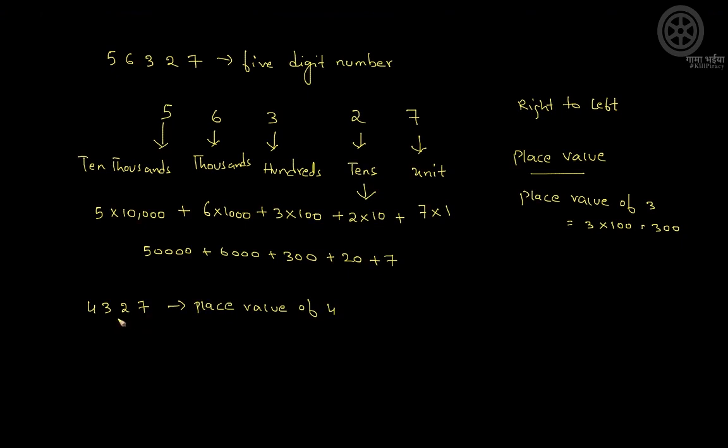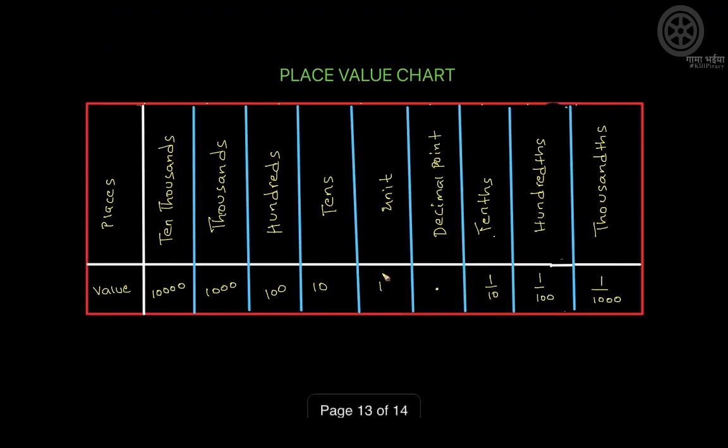Unit, tens, hundreds, thousand. So the place value of 4 is 1000. 4 into 1000, right? 4,000, right? See here. Unit, tens, hundreds, thousands, 10,000, right? From right to left, you need to go, right? Understood?